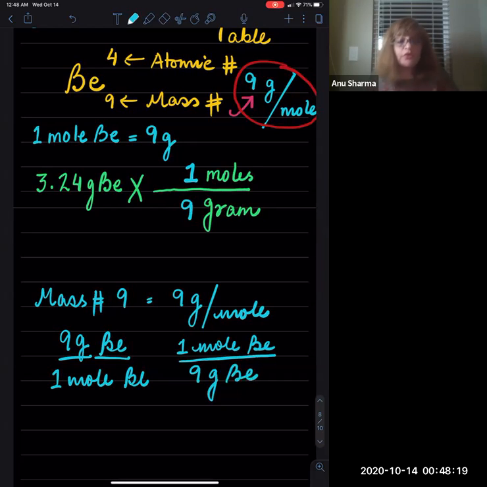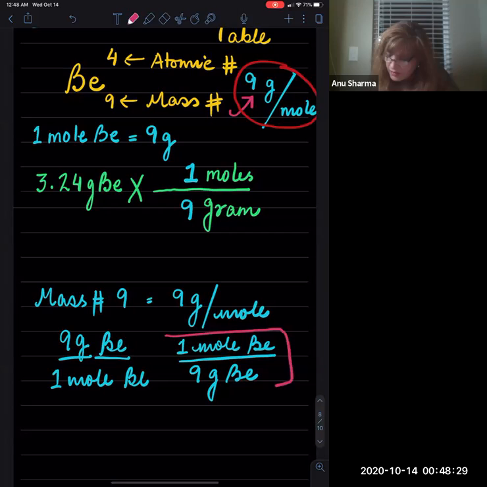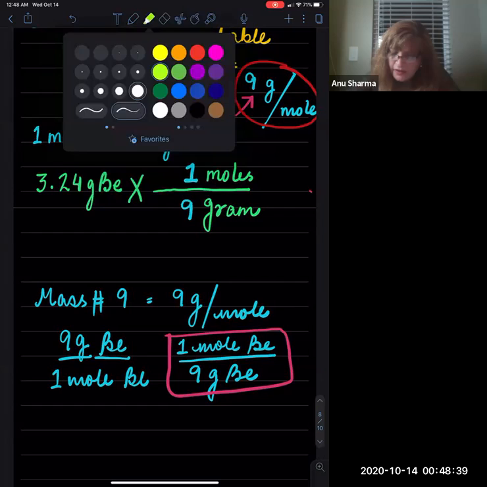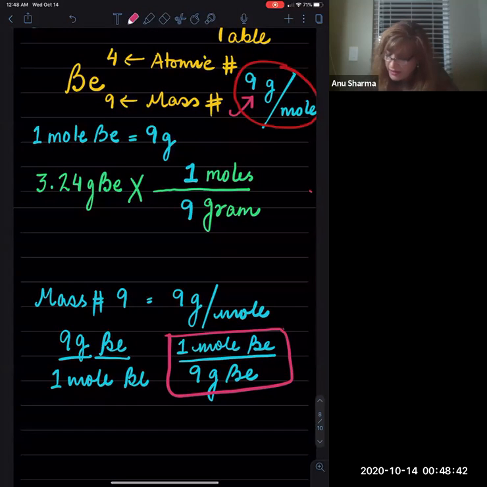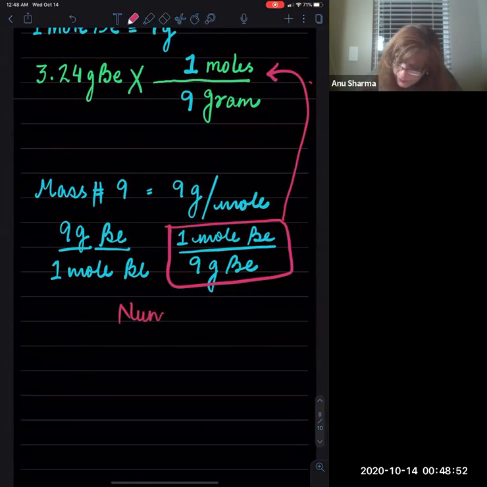These are the two conversion factors, and the one we are going to use is 1 mole of beryllium over 9 grams, because we want to find the moles. The thing you want to find is the one that goes in the numerator, the one on the top.